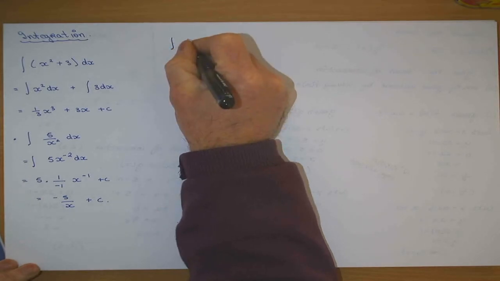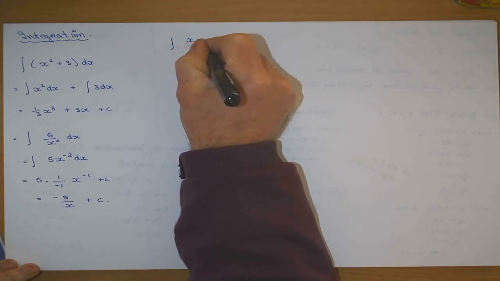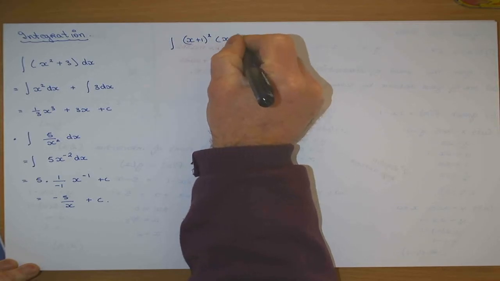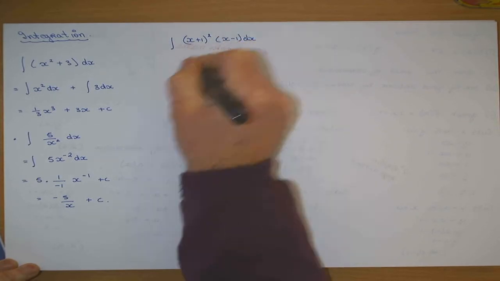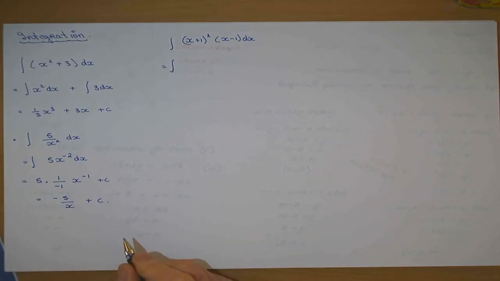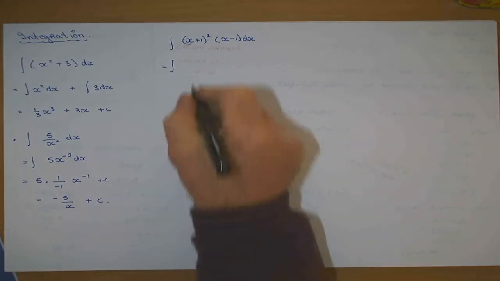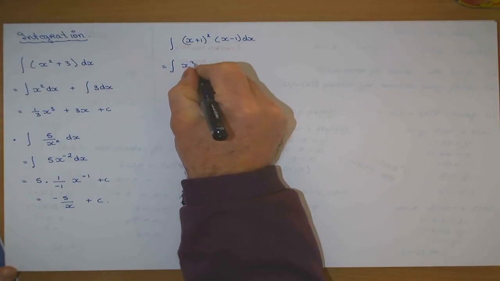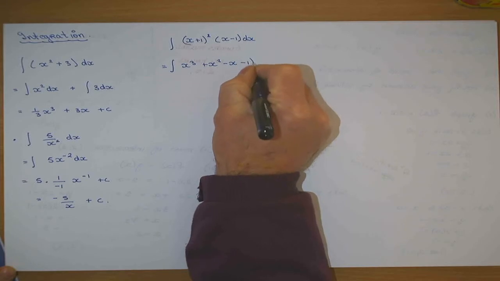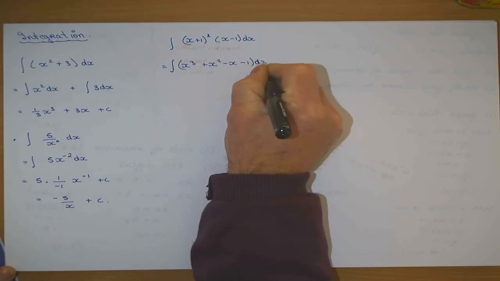And finally, if I had the integral of x plus 1 squared times x minus 1 dx, there is no product rule, so what would I have to do with all of that? I'd have to multiply it out. It becomes x cubed plus x squared minus x minus 1 dx.